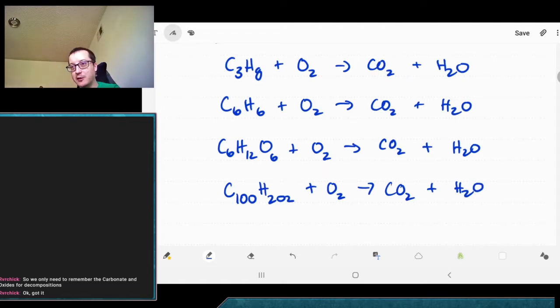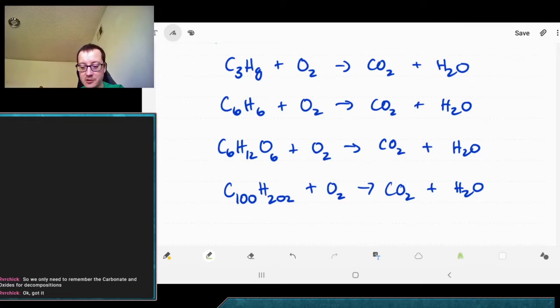Perhaps there's a pattern here you're noticing. It can be any sort of combination of X and Y's. There are some restrictions, but we don't have to worry about those till you get to organic chemistry. But suffice it to say, you take a hydrocarbon, or something with oxygen, like a carbohydrate perhaps, put it with oxygen, you get out CO2 and water.